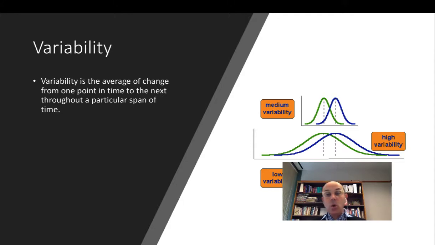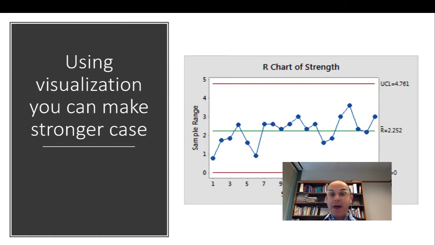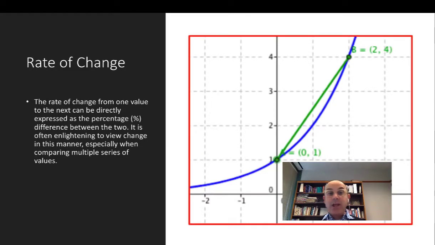Another way is to measure the variability of averages of change, and this is also very important. Low averages, high averages, or medium averages, and how to do that. Using visualization can make a stronger case to detect those averages and how they change.